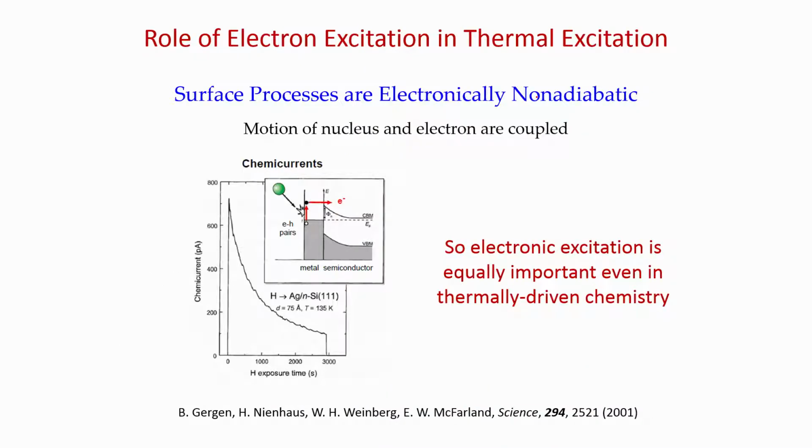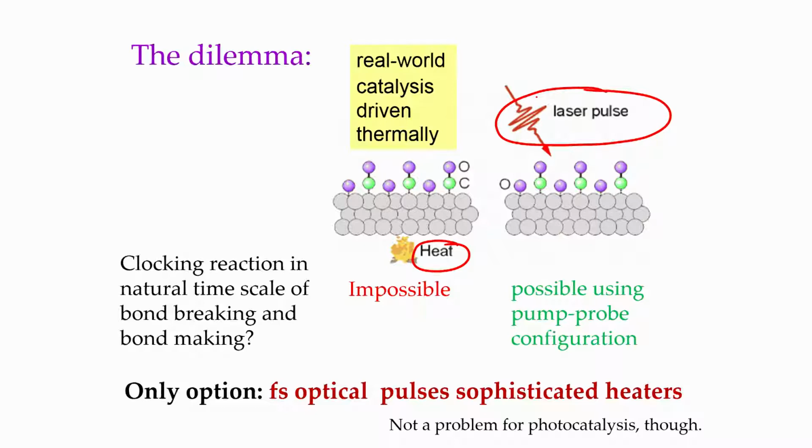In the end, the question is that pump probe spectroscopy requires clocking a reaction in the natural time scale of bond breaking and bond formation, which is the femtosecond time scale. So, within the femtosecond time scale, I have to deposit the heat energy.